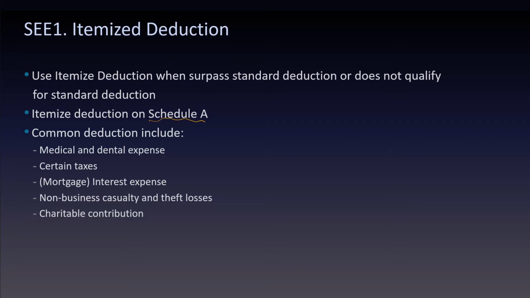Because it's much simpler and easier to file with the standard deduction, most taxpayers have historically claimed the standard deduction. That number will most likely increase even more because the Tax Cuts and Jobs Act also made tweaks to some itemized deductions, capping them at certain amounts where they were unlimited before.